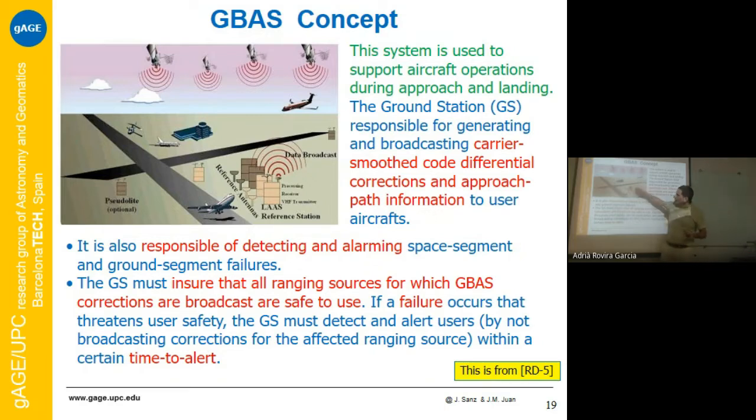This piece of hardware and software is the ultimate responsible for detecting anomalies. The civil plane that is approaching the runway is trusting all of the procedures that are performed in the reference station.